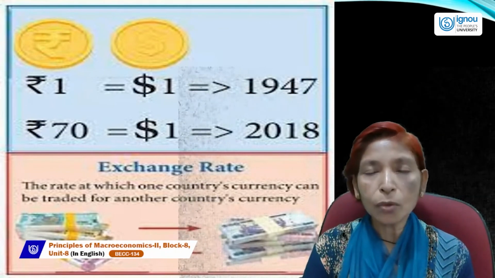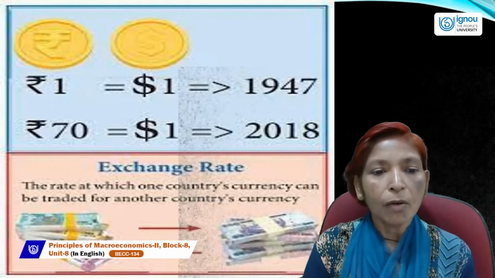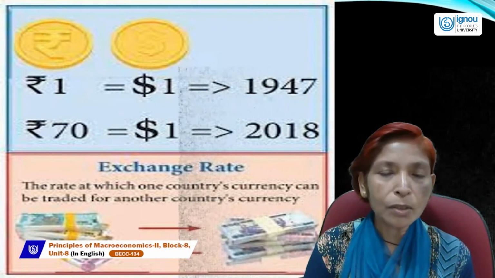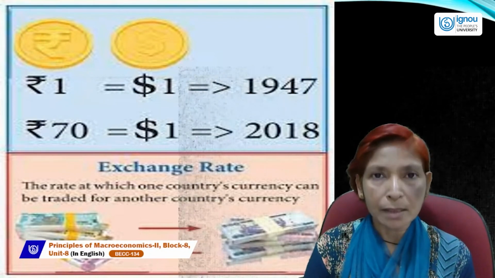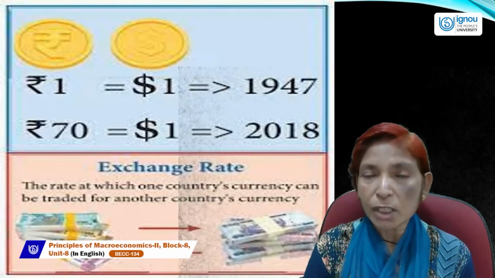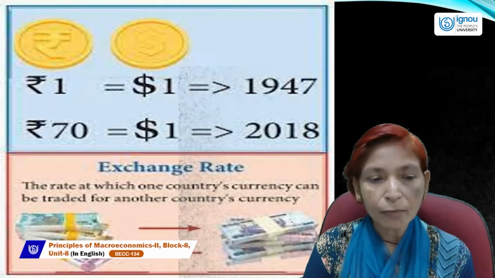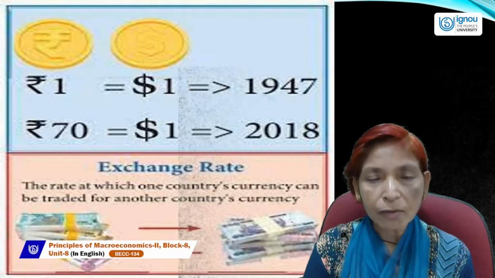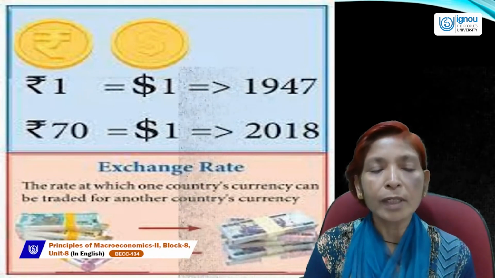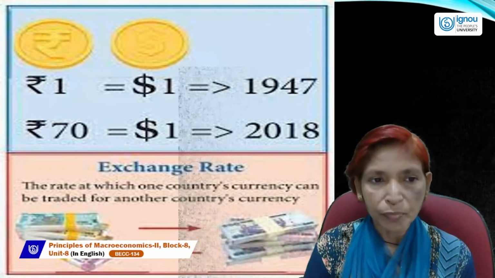But in 2018, $1 is equivalent to 70 rupees. It means if we want to get $1, then we have to pay 70 rupees in terms of Indian currency.